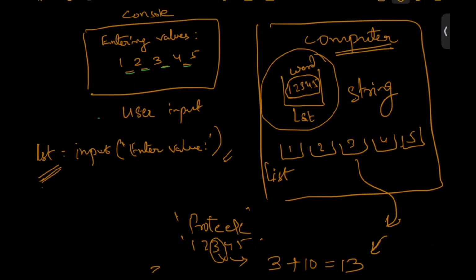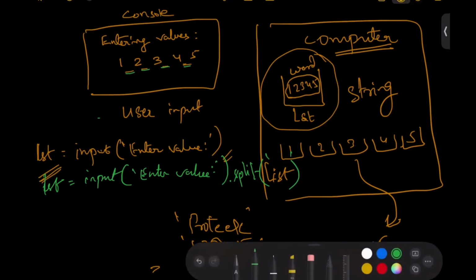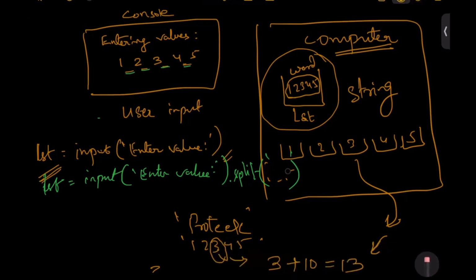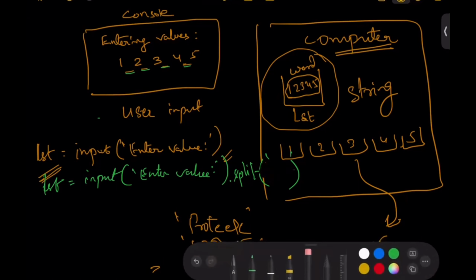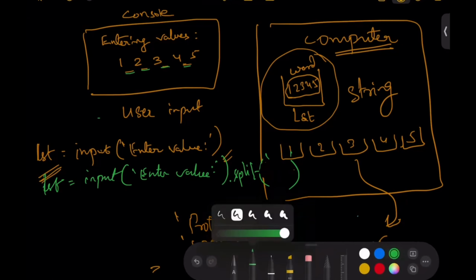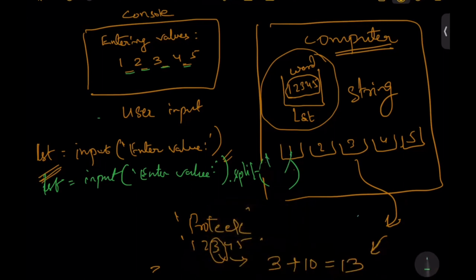So what I did was write the code as input enter value, and here I am giving dot split with a single space. So it is taking a space.